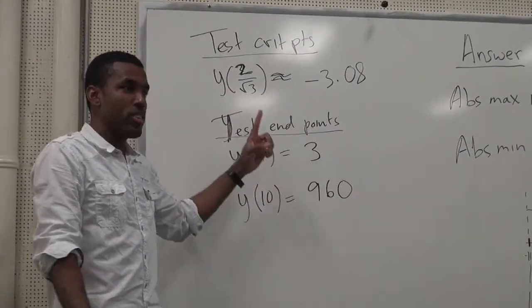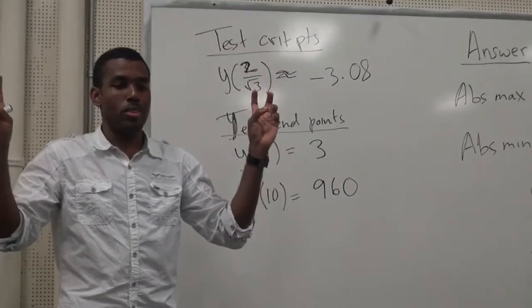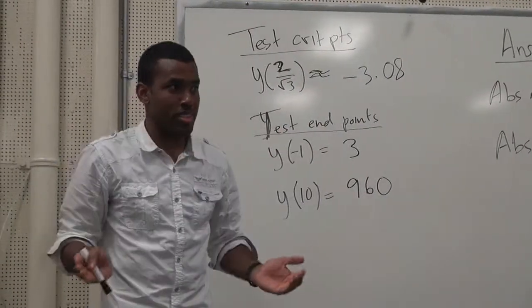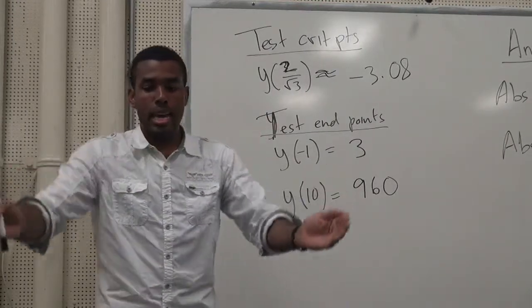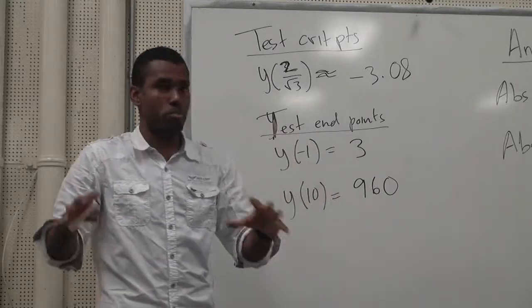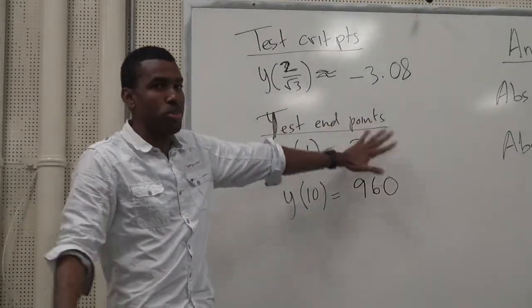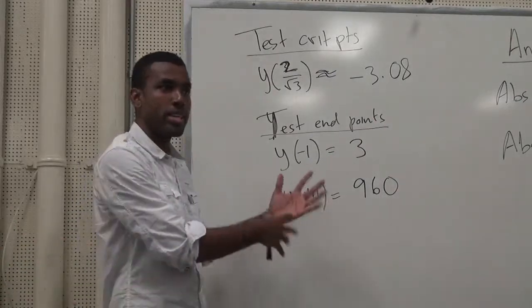Now the difference in 3 dimensions is your endpoints are now boundary curves. They're not single points anymore. You're going to be testing how the function behaves on an entire curve. Basically the problem is going to regress to the Calc 2 situation, which is why I thought I should remind you how to do this.